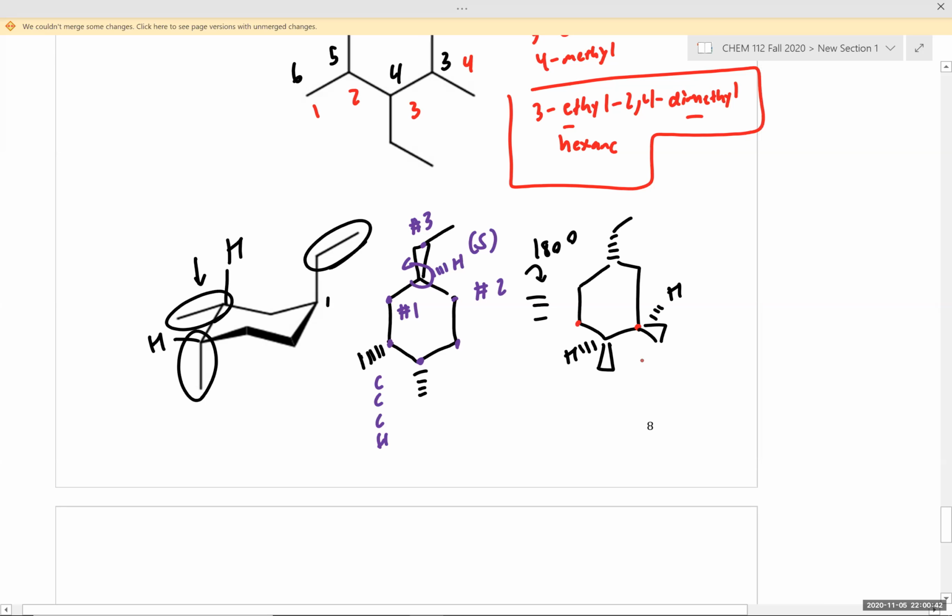Tracing 1 carbon over, we have 3 carbons and a hydrogen. So the group on the right is priority 1, the group on the left is priority 2, the methyl is priority 3. Tracing from highest to lowest priority, I have an S stereocenter. So that's this stereocenter here.